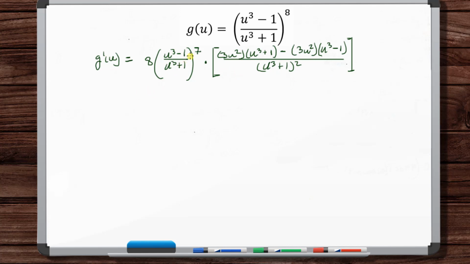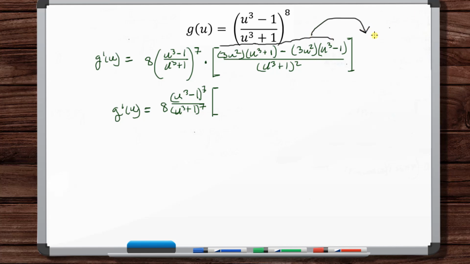So let's bring this 7th power to each of these terms on the top and bottom, because then we might combine like the u cubed plus 1. Let's simplify this on the side here.